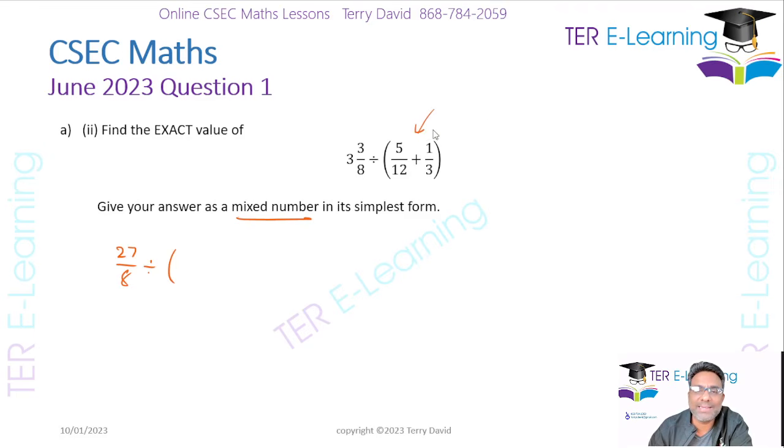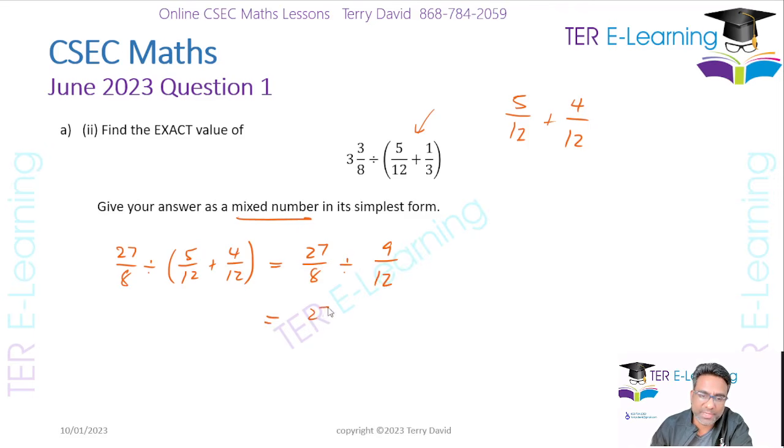If I want to add this here, 1/3 can be written as 4 over 12. So this is going to be 27 over 8 divided by 5 over 12 plus 4 over 12, which is going to give you 9 over 12.